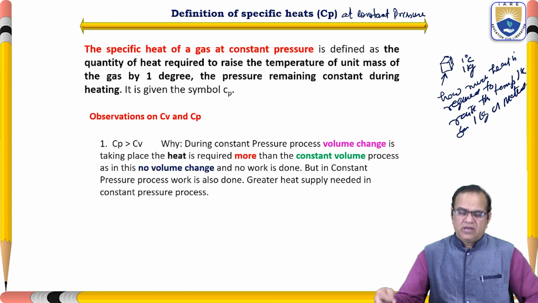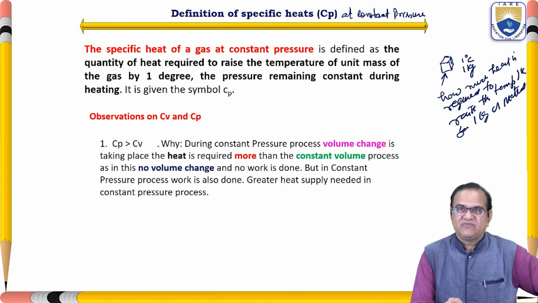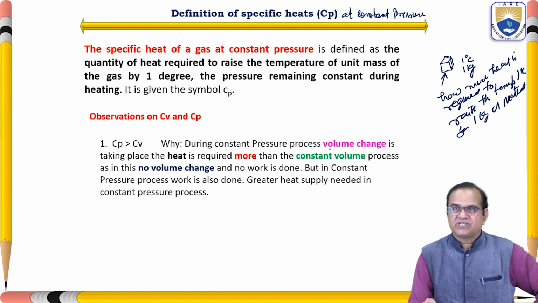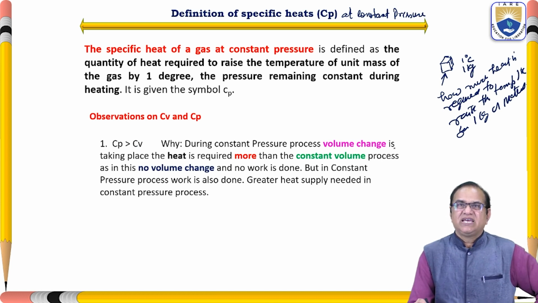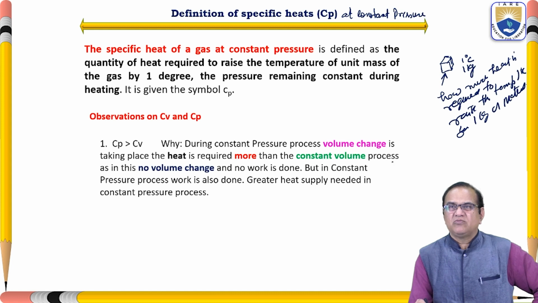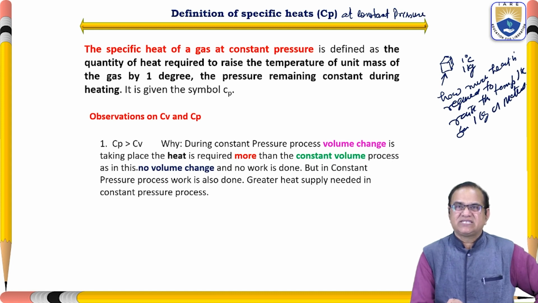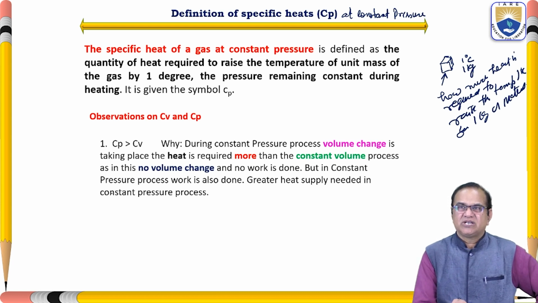Cp is greater than Cv. Why? During a constant pressure process, volume change takes place and more heat is required than in the constant volume process, as in that there is no volume change and no work is done. But in the constant pressure process, work is also done. Greater heat supply is needed in a constant pressure process.